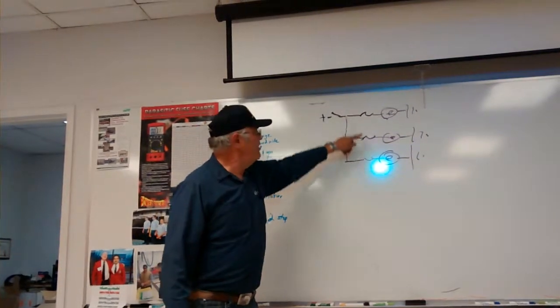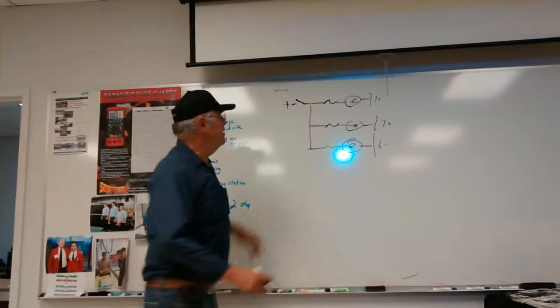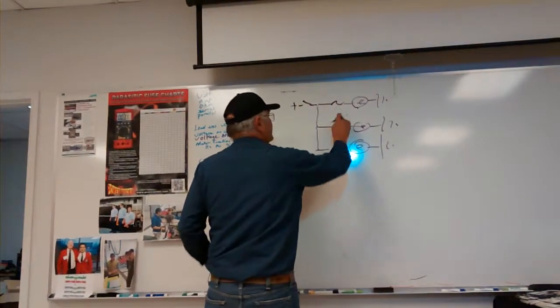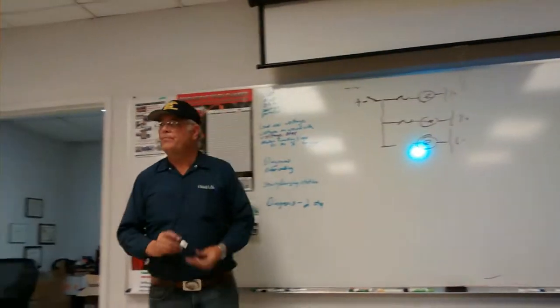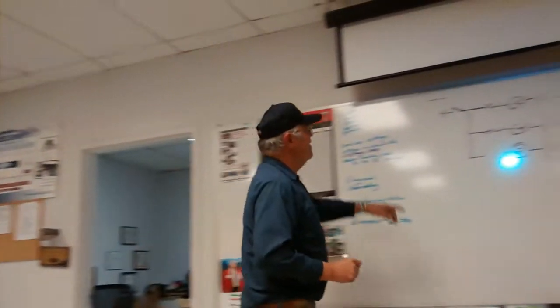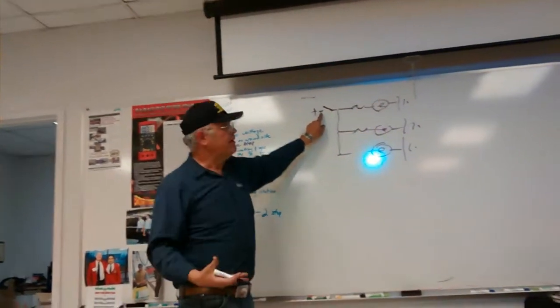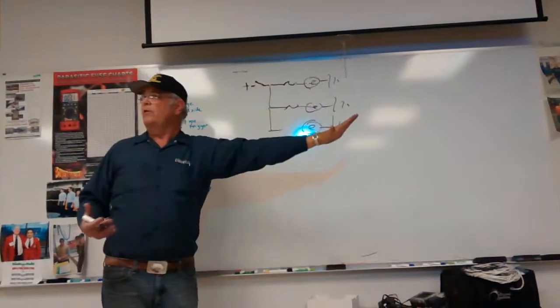Okay, if any one of these circuits has a short to ground or burns up or has a problem, this fuse will burn, the others will stay lit, and I can go find the problem. The new headlight circuits have a fuse for each headlight, but they're also going to have a master fuse up here in the circuit. So if we have a high current draw, it pops this fuse and they all turn off.